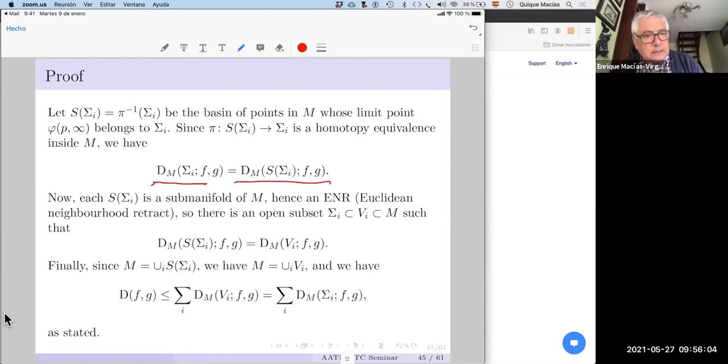And now its stable submanifold is a submanifold, so it is an ENR, a Euclidean neighborhood retract. So you can find an open subset, an open neighborhood, where the distance is the same as that on the manifold. And finally, since the manifold is the union of the stable submanifolds, you use the subadditivity of the distance and you find the result.